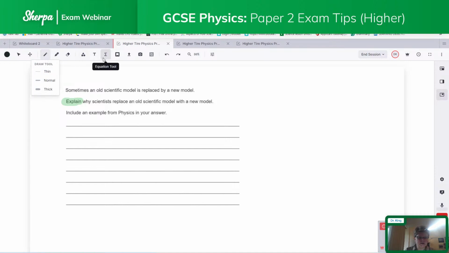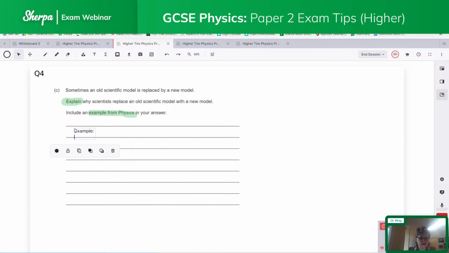They ask you to explain why scientists replace old scientific models with new models. Include an example. One example; you don't need to give a lot of examples from physics in your answer. So, quick examples. Let's start from the back.